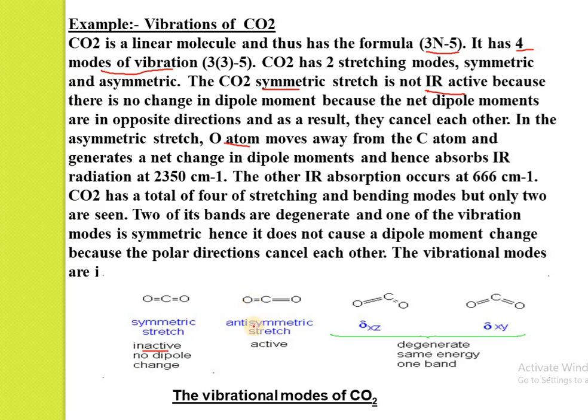And in this, it is antisymmetric. If this oxygen moves closer to the carbon, then the other will move away from the carbon, or vice versa, and that is the antisymmetric or asymmetric stretch. And this is IR active. And these are the bending vibrations.